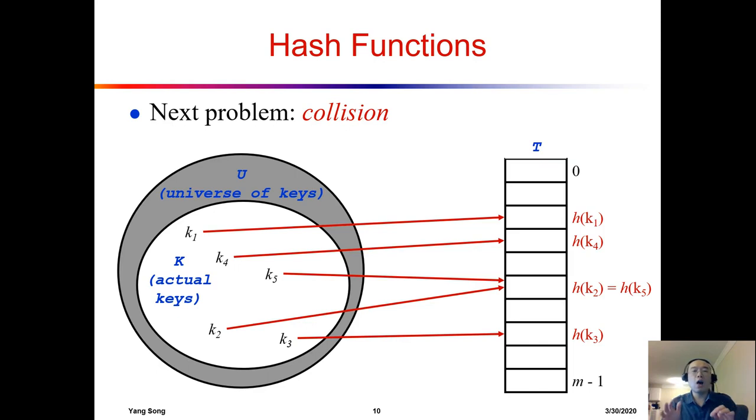A hash function is how we map a key to a corresponding slot in the hash table. Even though the keys can be very large, when we take a key and apply the hash function, it will tell me which specific slot in the hash table we can find the value in, and the hash table itself should have a reasonable size. Okay, so this is the concept of the hash function, and I will see you in the next video.